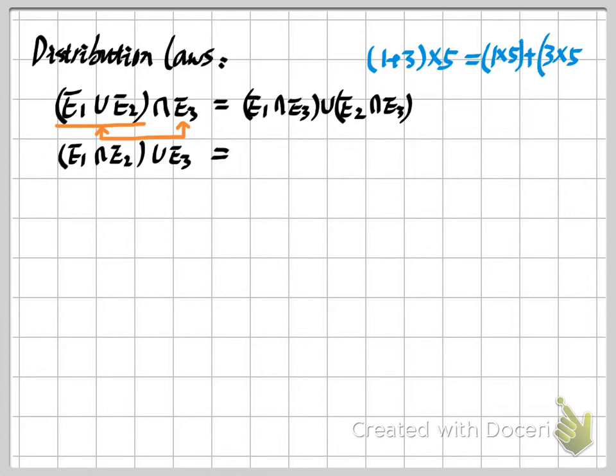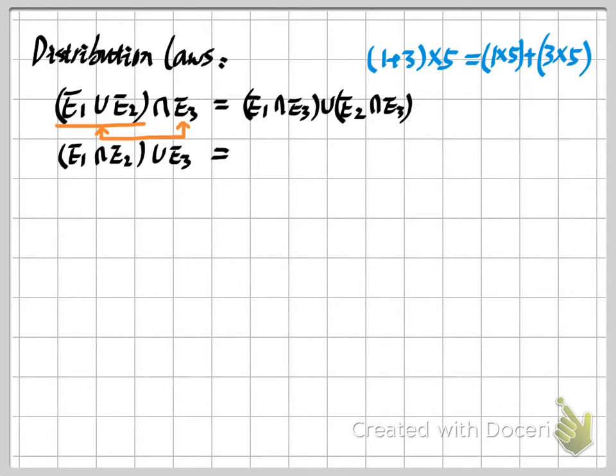We can also use the parentheses here, but we can ignore them because multiplication is done first compared with addition. However, for union and intersection, we don't have this rule. We always do it from left to right. So that's why in this equation we use the parentheses. The first thing we do is the intersection of E1 and E3, and also the intersection of E2 and E3. And then we union the results of these two intersections.